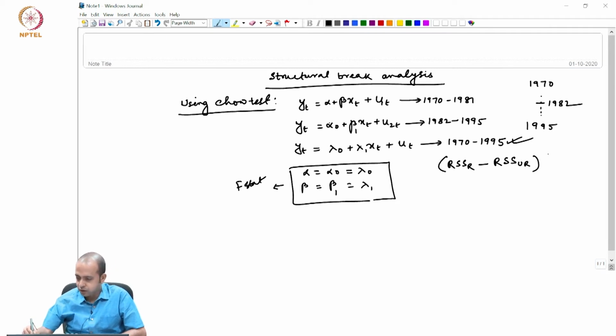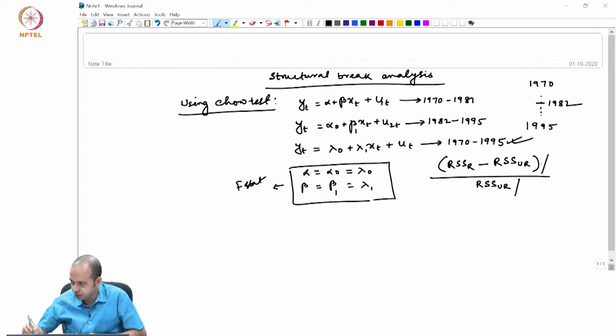This is RSS R minus RSS UR divided by its degrees of freedom, and this is RSS UR divided by its degrees of freedom. Okay. And if you recall, what is the degrees of freedom for RSS R?